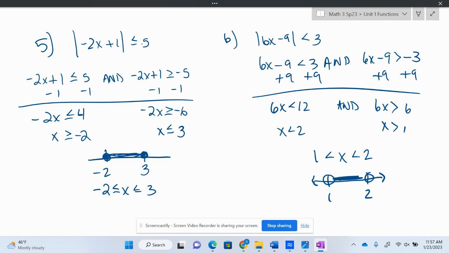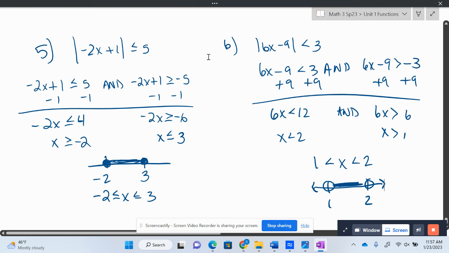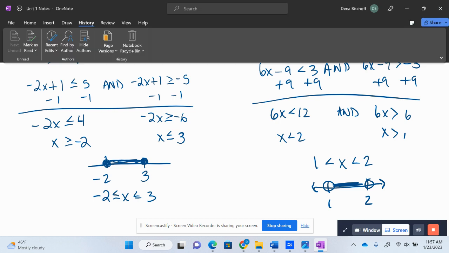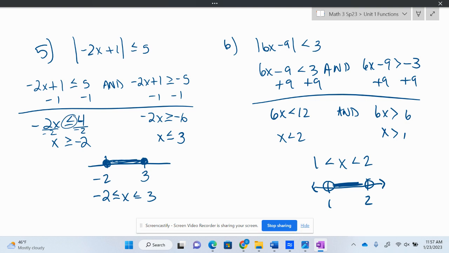Okay, so number 5 and number 6 are both less than symbols. So that means they are less thans. Your graph should go to the center. So remember that when you divide both sides by a negative, I didn't show my work, I just kind of did it. But right here, when I divide by -2, you have to flip that inequality whenever you divide by a negative. So you have x is greater than or equal to -2.